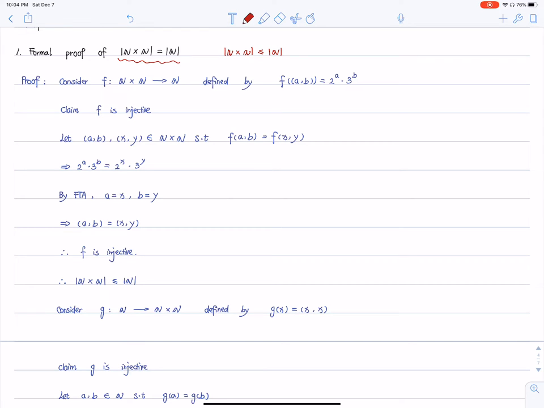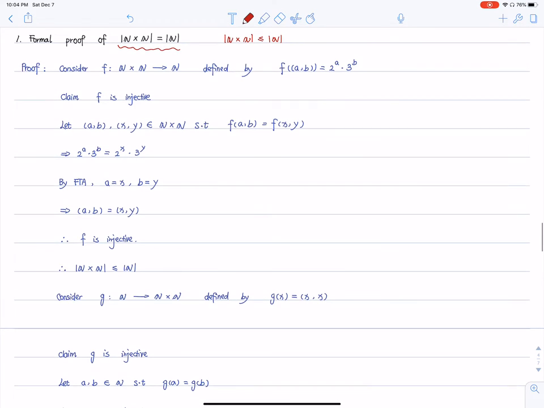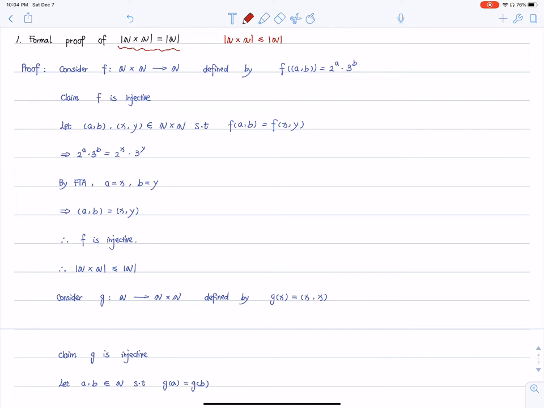Anyway, now I claim that f is injective. So it's the typical step you take to prove a function is injective. You let f of (a,b) equal f of (x,y), which gives you 2 to the power of a times 3 to the power of b equals 2 to the power of x times 3 to the power of y.